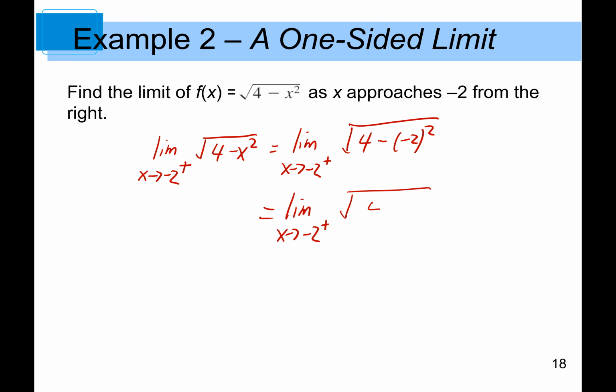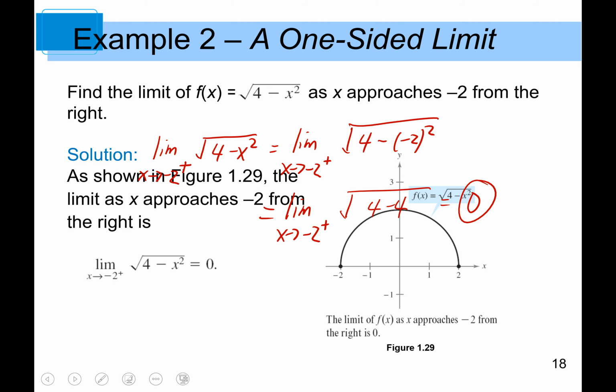So it becomes 4 minus 4, which is 0. And graphically speaking, this function is a half circle. As x approaches -2 from the right hand side, going this way, the y value gets close to 0, as shown from the graph.